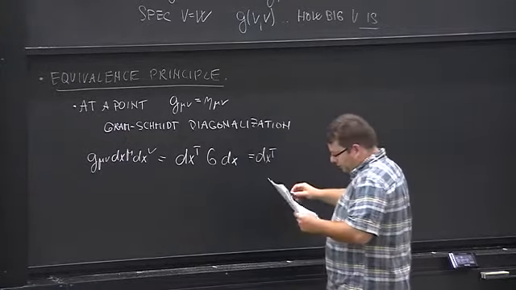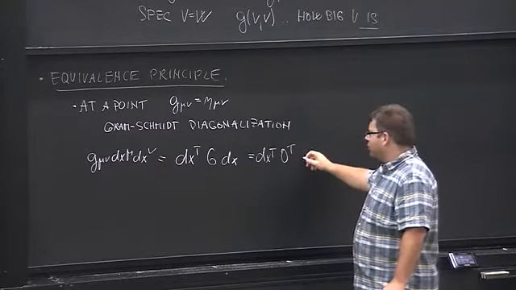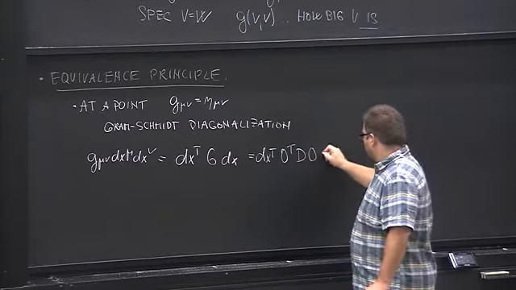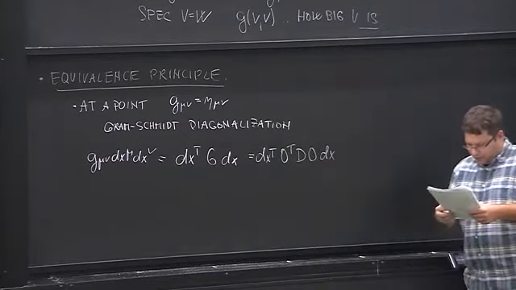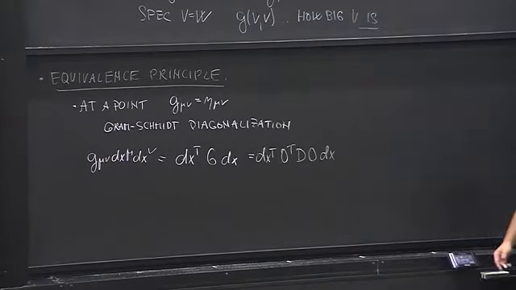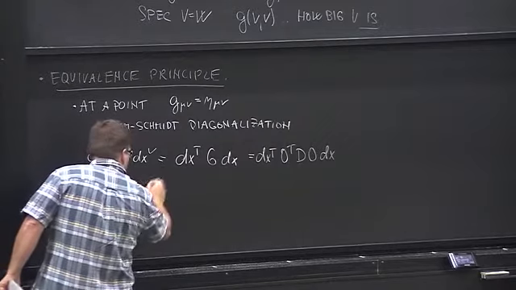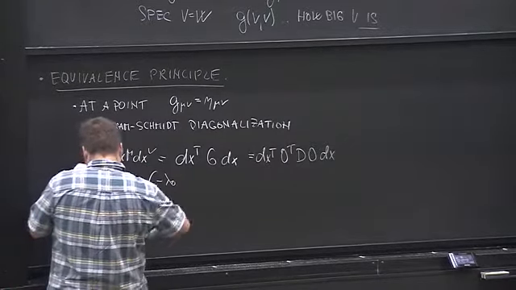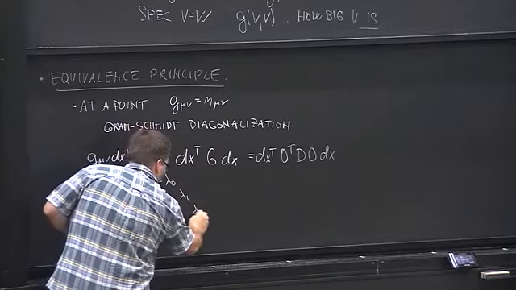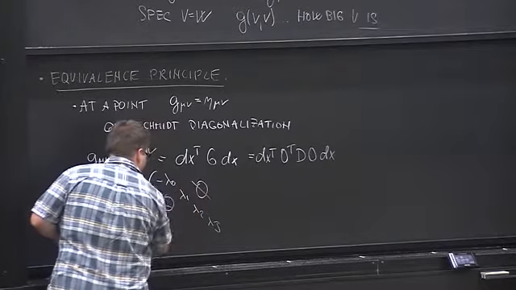The Gram-Schmidt tells you I can always write this G as some orthogonal matrix, times a diagonal matrix, times another orthogonal matrix. And this D simply has minus lambda 0, lambda 1, lambda 2, lambda 3 on the diagonal, and 0 everywhere else.